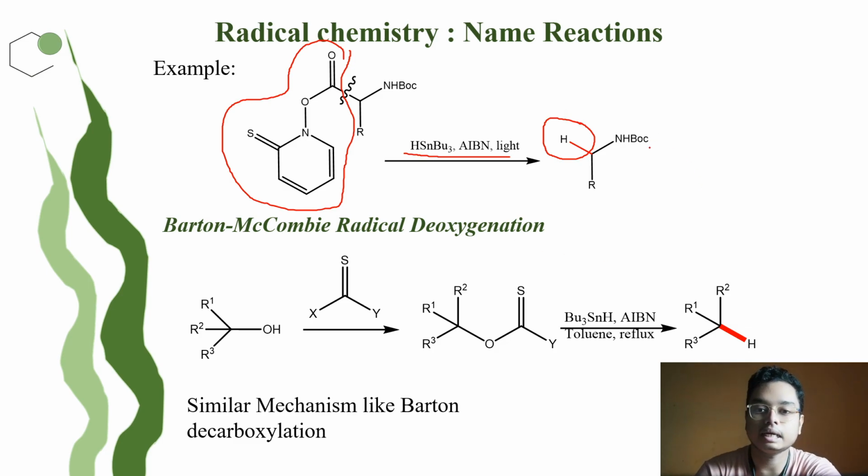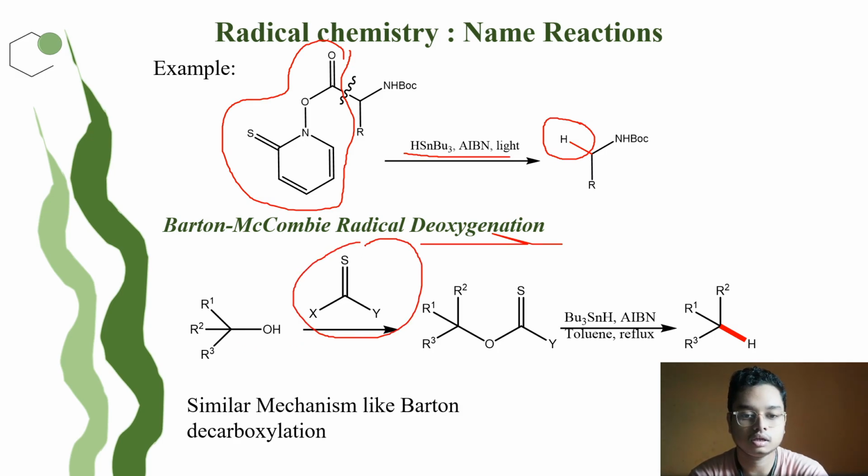Now a similar type of reaction with a different name is the Barton-McCombie radical deoxygenation. This reaction is nothing but a similar version, but here you can transform an alcohol to the corresponding alkane by treating it with this type of compound.